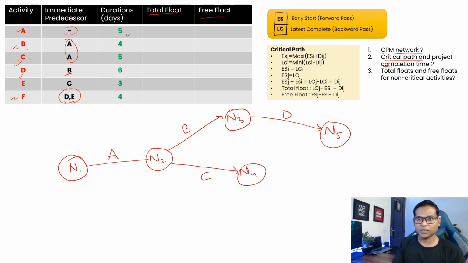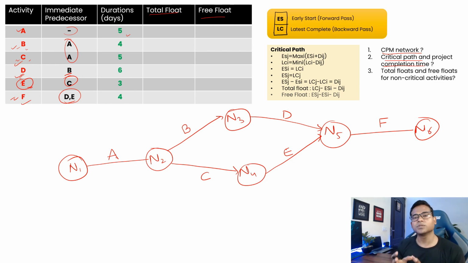For activity E, it's starting after C. So here at node 5 your activities D and E are converging, and after this node 5 we have one activity left, which is representing your activity F.